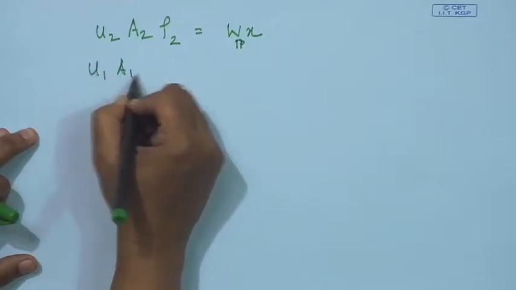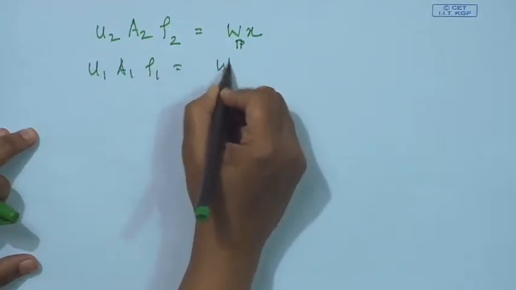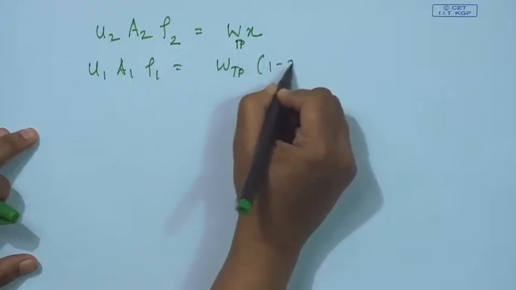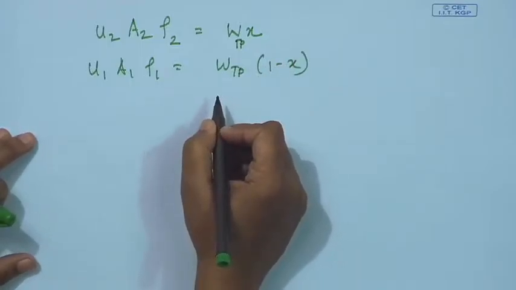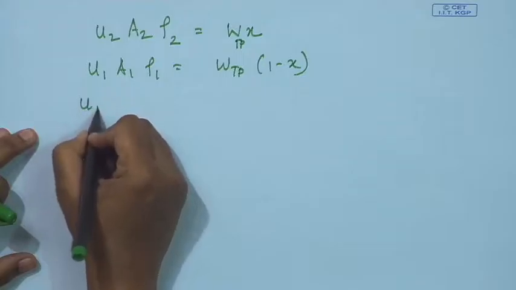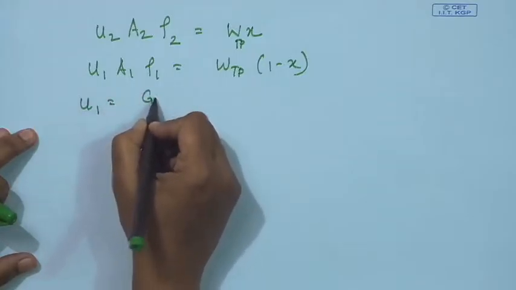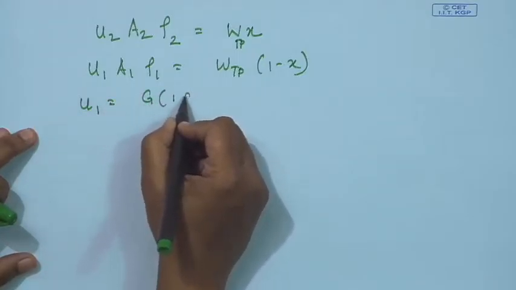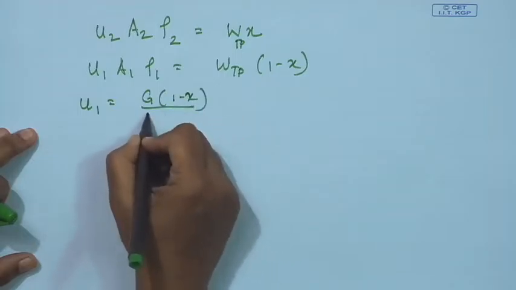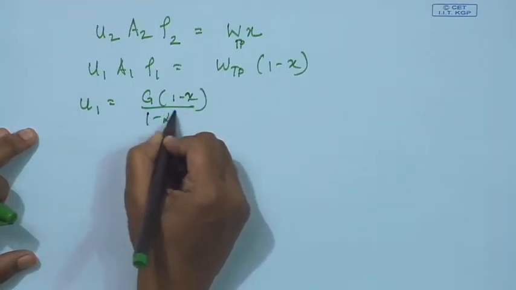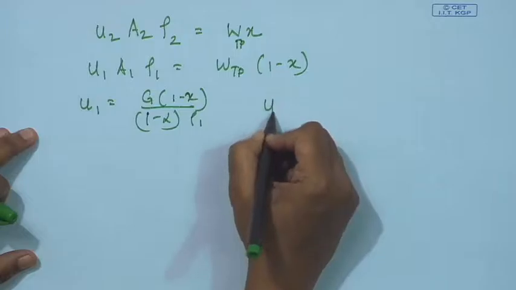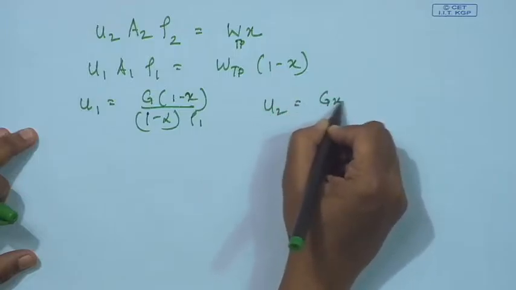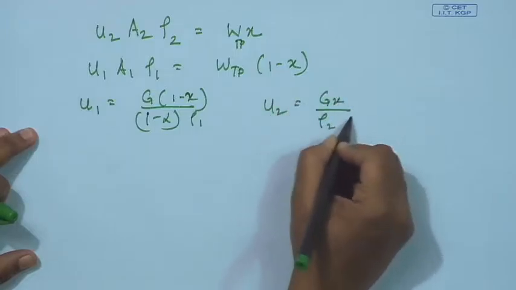Similarly, U1 A1 rho 1 is nothing but equal to W_TP into 1 minus x, right. So, from here we get U1 should be equal to G into (1 minus x) by (1 minus alpha) into rho 1. U2 should be equal, similarly, to Gx by rho 2 alpha.